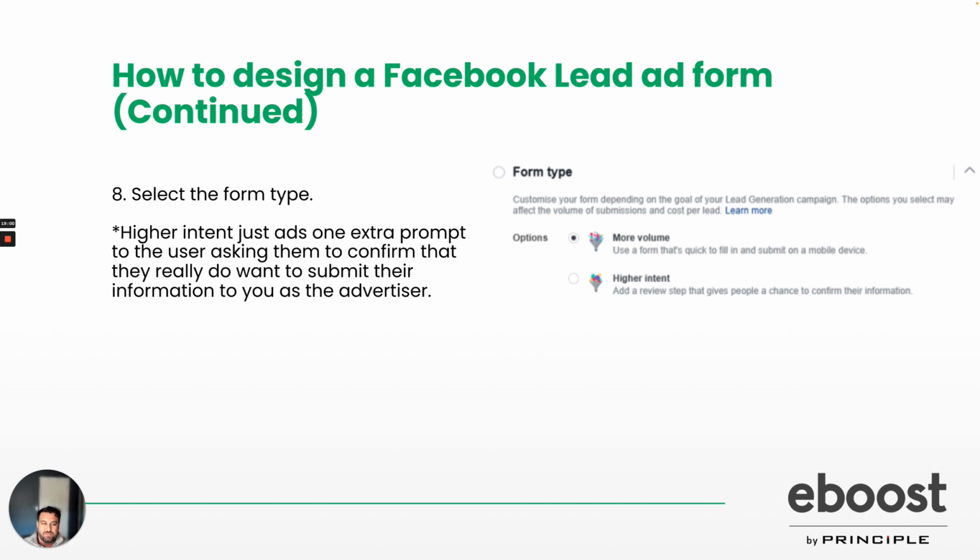So it's supposed to improve quality by kind of adding more friction to the process. I can't really confirm that it actually changes much. So I typically would rather go for more volume than not. So I typically go for more volume as the option, which is the same process except minus that intermediary page.